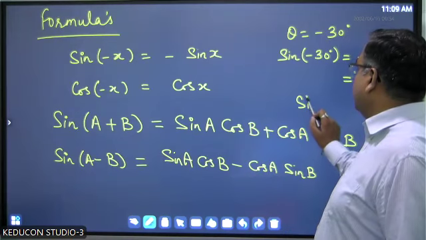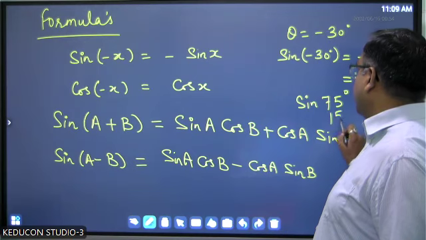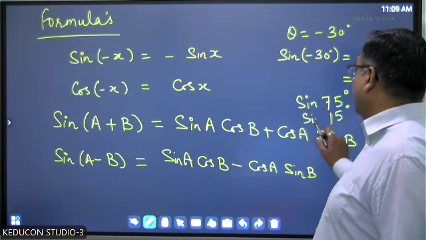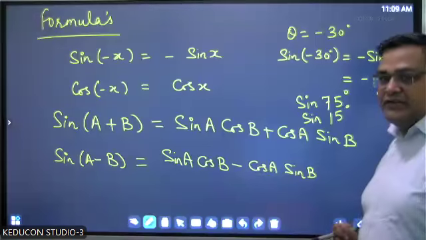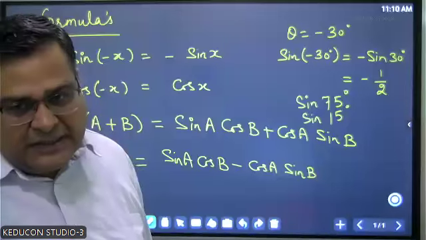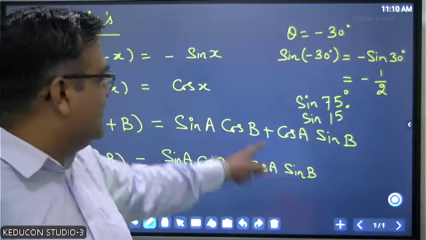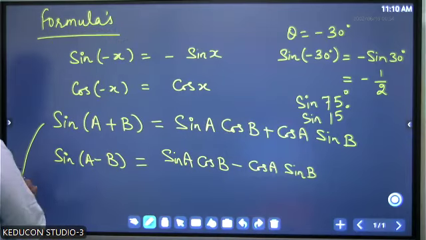For example, sine 75 degree, sine 15 degree, right? This is clear? For example, you have to calculate the value of sine 75 degree. You can write that as sine 45 plus 30 degree. Please calculate the value of sine 75 degree from this formula.